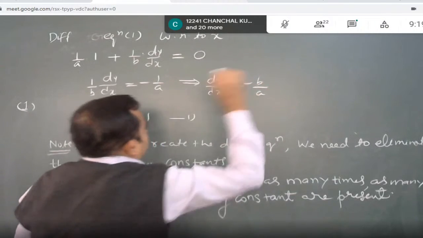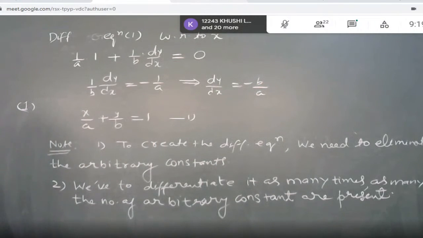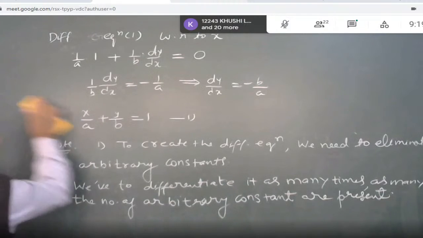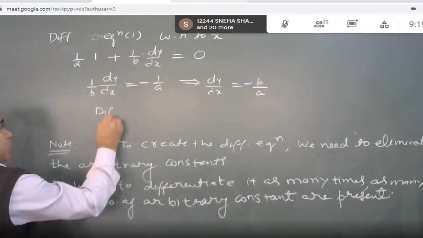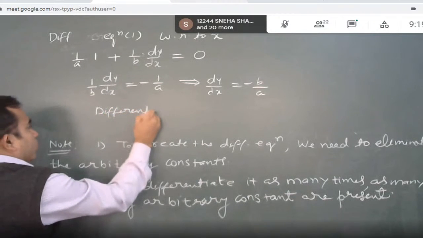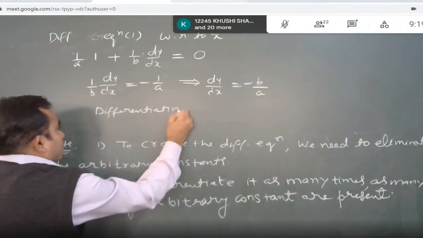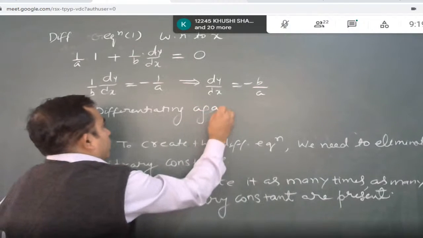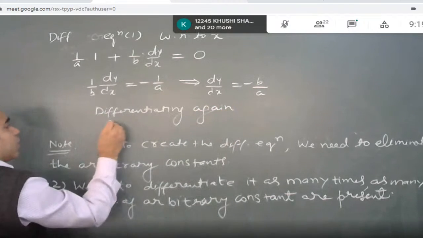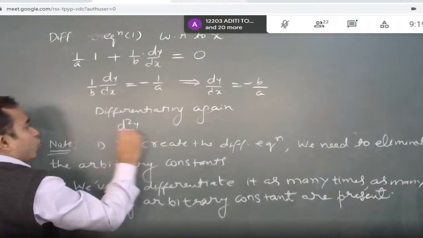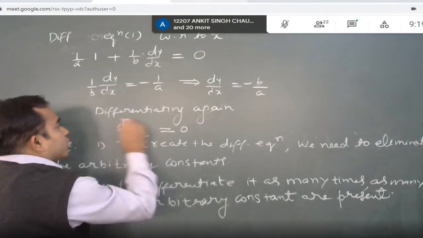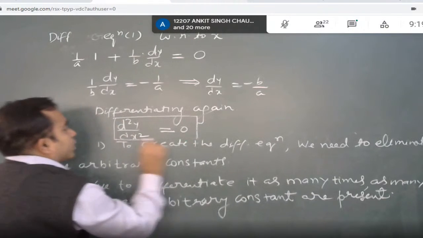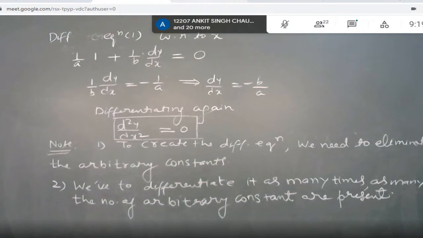Now you differentiate again. If I differentiate, dy upon dx differentiation will become d2y upon dx square equal to, and because this is completely constant, its differentiation will be 0. So this is our final answer, right?